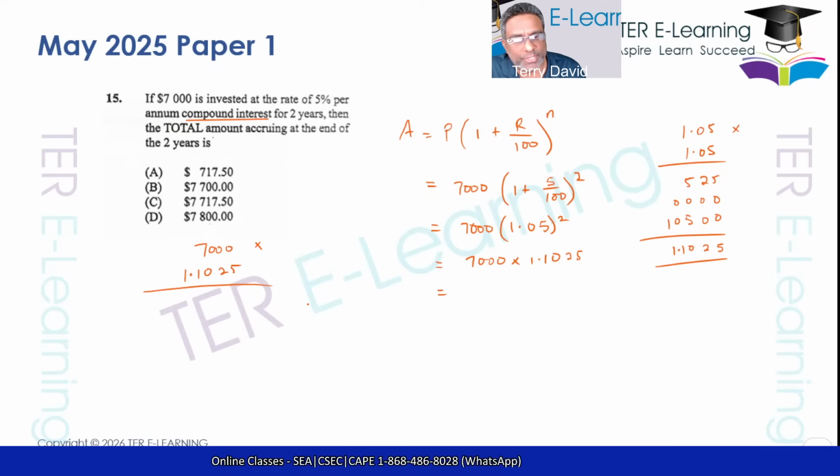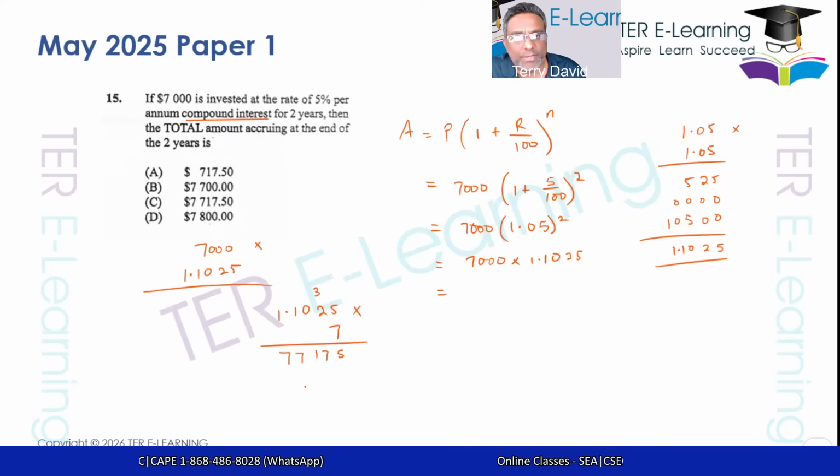So what you could do, just hold on, we can say 1.1025, and let's just multiply that by 7 first. So that's 7 5s are 35, 2 7s are 14, and 3 is 17, 1 7 is 7, and 1 7 is 7.